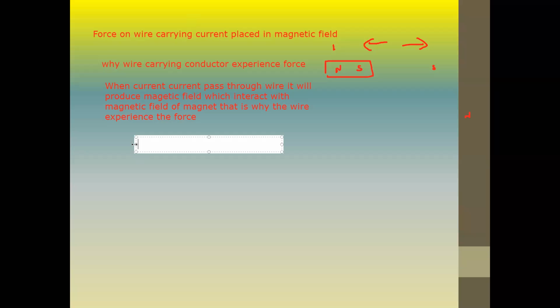To find the direction of the force on a wire placed in a magnetic field, we will use Fleming's left hand rule.